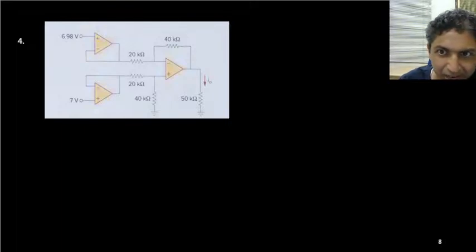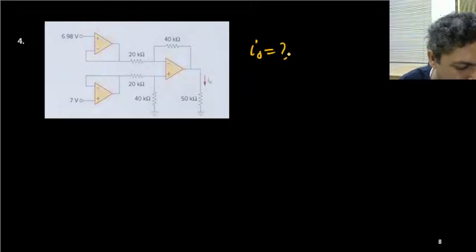Okay. So here we need to find out the current I naught. What is the current through this 50 kilo ohm load?